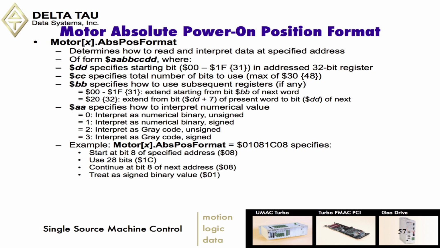And then 08: it's going to continue at bit 8 of the next address because it's a multi-address format. If that value is between 0 and 31, we extend the starting bit into that bit of the next word. And then finally, but not least, 01: we're going to treat it as a signed binary value.